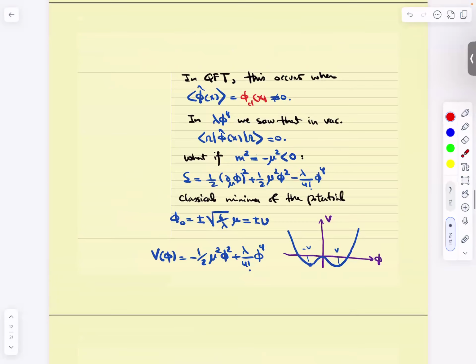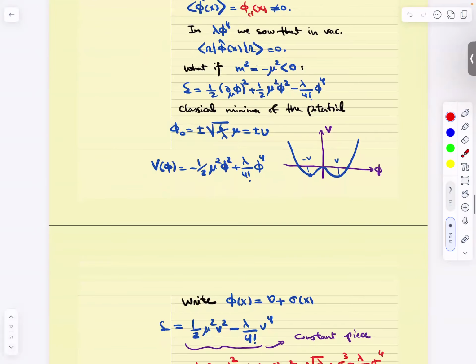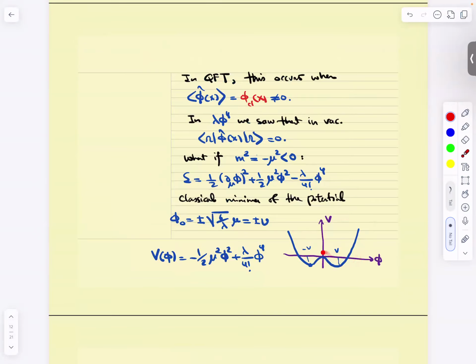So in quantum field theory, this occurs, right? You could have an action, which I wrote here, that is Z2 symmetric, right? But for example, if I pick this term called mu squared to be negative, right? Then my Lagrangian looks like this. My potential looks like this, right?